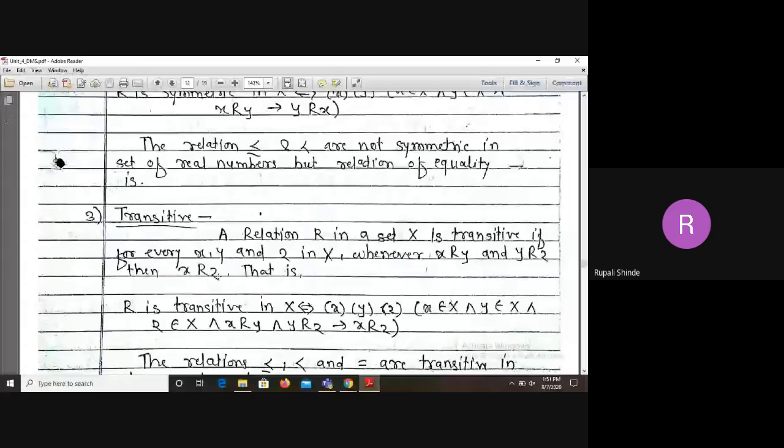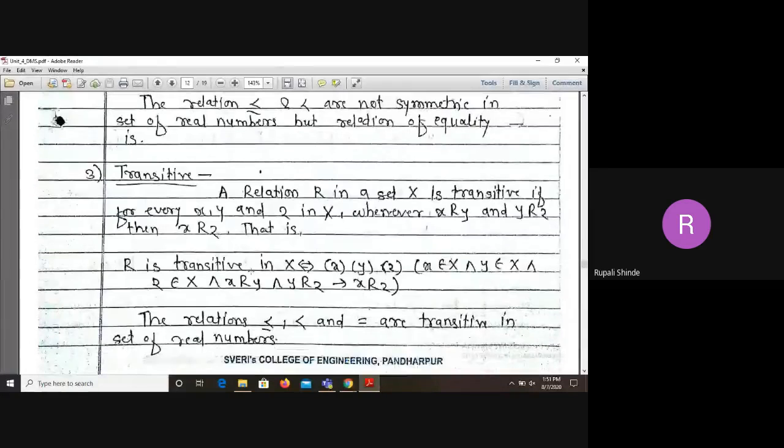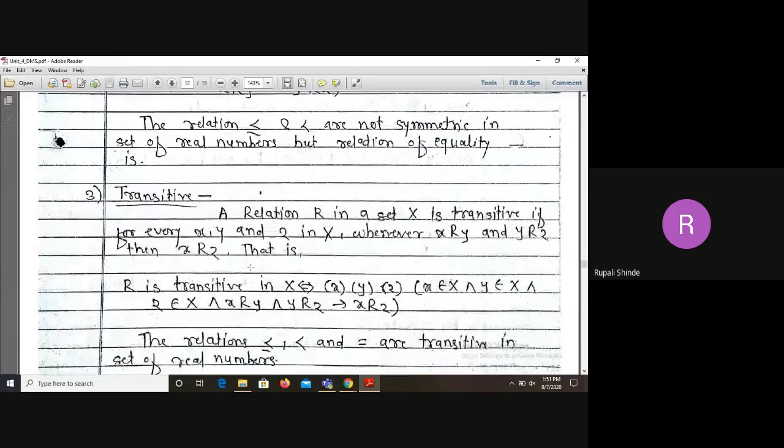So again for this you can give an example: if your relation contains ordered pairs 1 comma 2 and 2 comma 3, then your relation must contain ordered pair 1 comma 3, then only that relation is a transitive relation. Okay. So how have we taken this 1 comma 2, 2 comma 3? 2 is common between these two ordered pairs, so we cancel it.